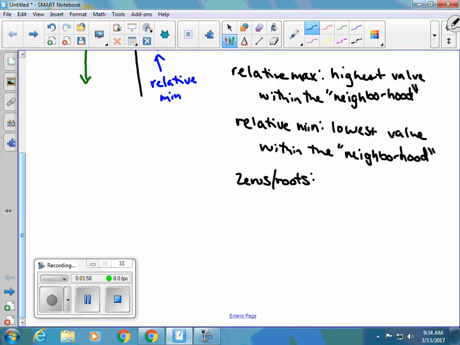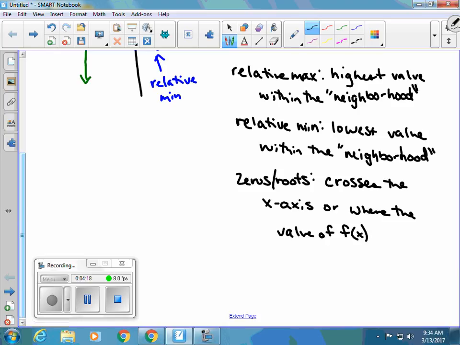These are values in which the y value equals 0. So where it crosses the x-axis, or where the value of f of x equals 0. Okay, so in this case we've got 3.